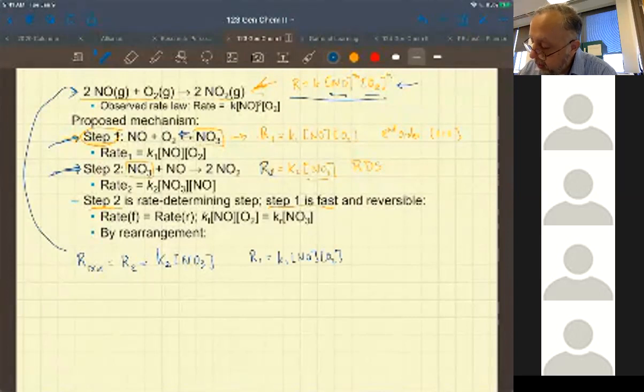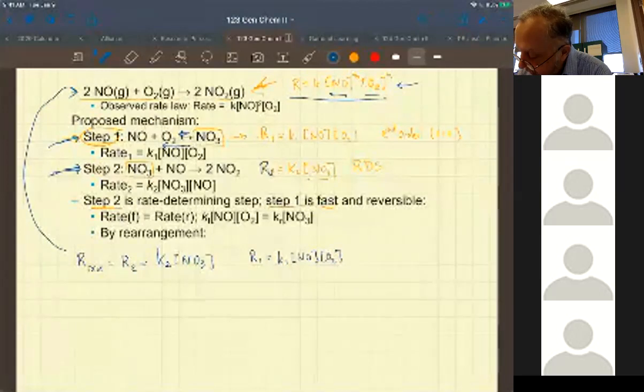Now, for the rate going backwards, meaning from NO3 this way to NO and O2, I'm going to call it rate -1, meaning backwards. And this is going to have a different constant, K-1, concentration of NO3.